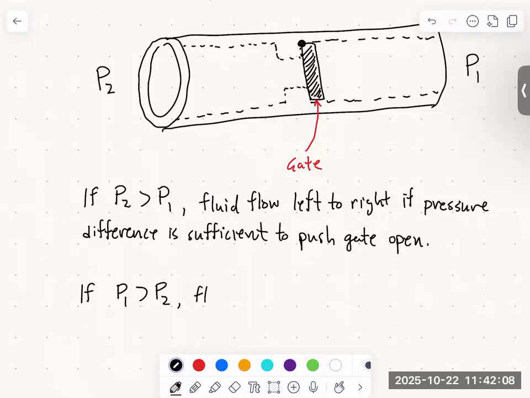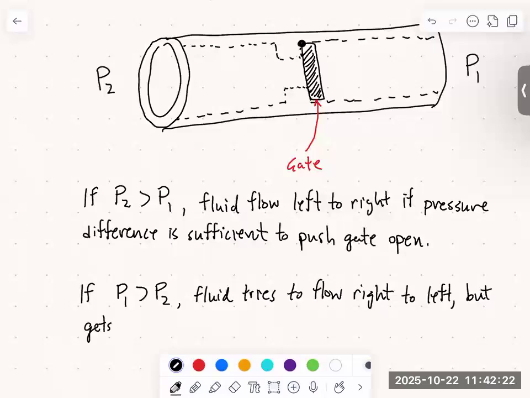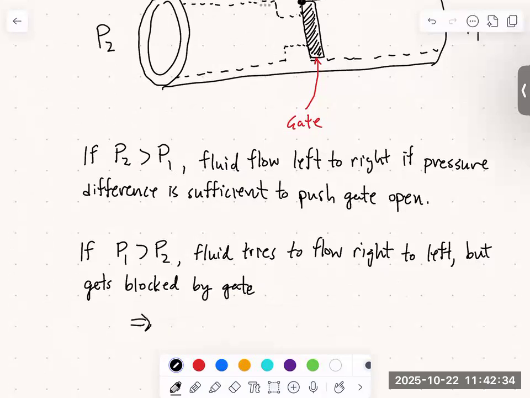The fluid tries to flow right to left, but gets blocked by the gate. And so what we've designed here is like a one-way valve. And you can literally go to the hardware store right now and find one-way valves that operate more or less just like this.